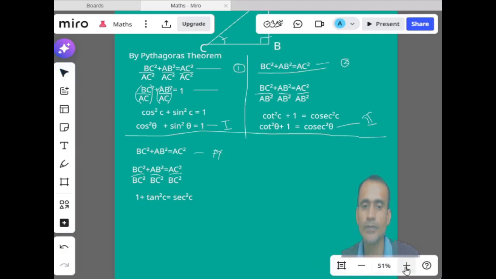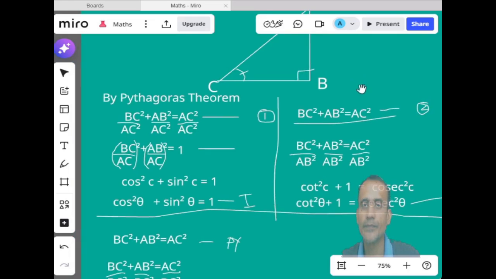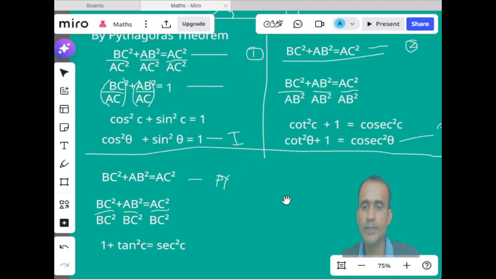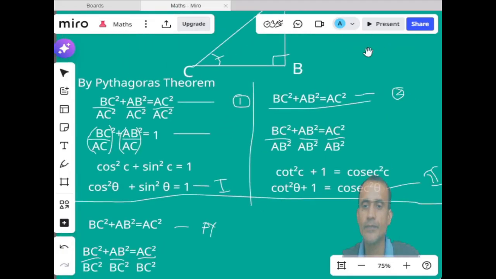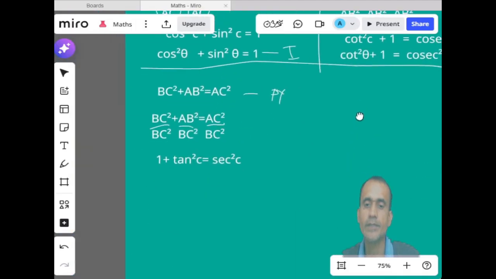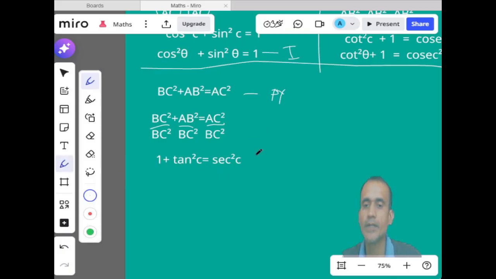If you see this triangle, AB by BC is tan theta or tan C. And hypotenuse by base, AC by BC, is sec C. So by replacing AB by BC with tan C and AC by BC with sec C, we get the third trigonometric identity, which is 1 plus tan square C is equal to sec square C, and we can write it in generalized form.